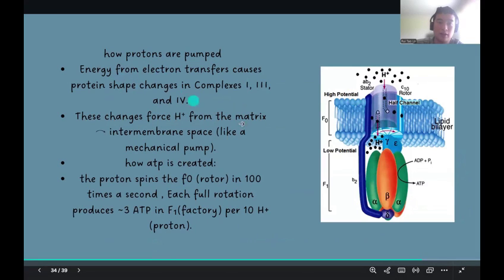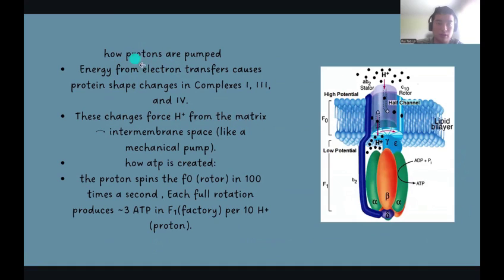Basically, there's a router inside the mitochondria. The pumped energy from electron transfer causes protein shape changes in complexes 1, 3, and 4, which are molecules.